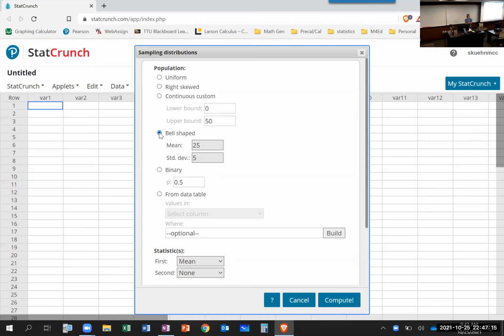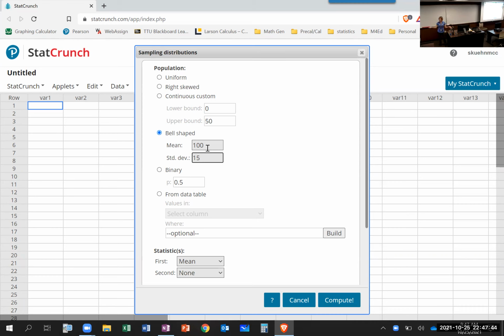So I'm going to come down here and click on the bell-shaped button, because I'm going to pull samples from a normal population. My normal population has a mean of 100 and a standard deviation of 15. So the setup here is, we know we want to talk about IQ scores.